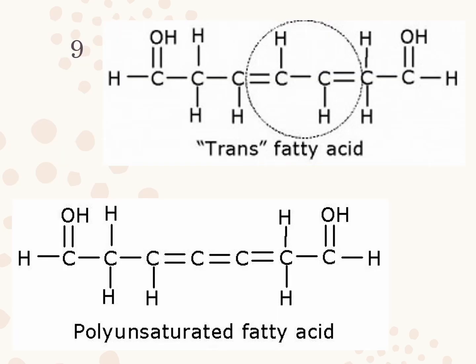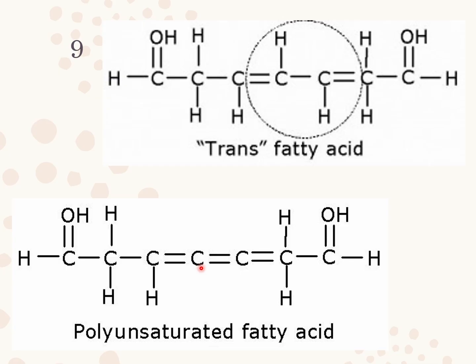Okay. Again, when we think about adding on to this idea of these unsaturated fats, I wanted to take a look at the difference between polyunsaturated and monounsaturated. So on the previous slide, you saw there was one set of a double bond.